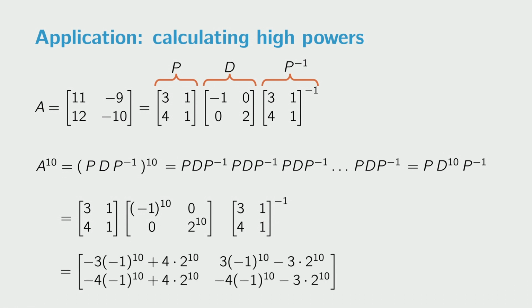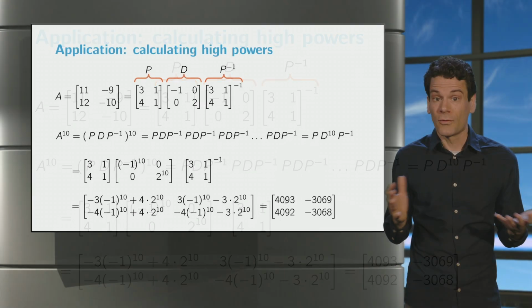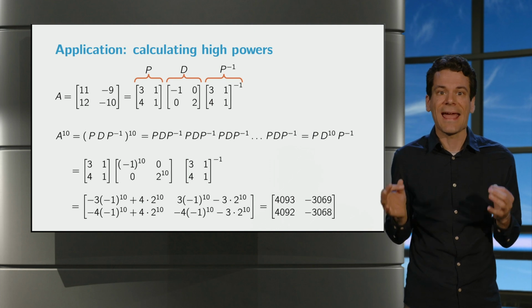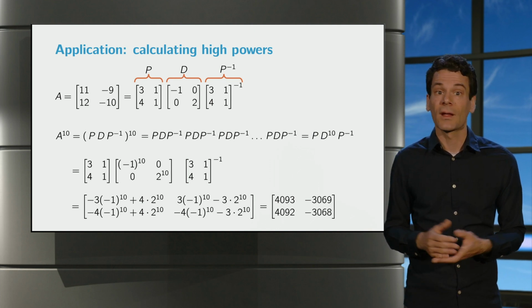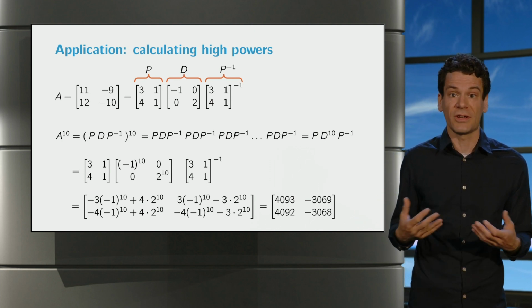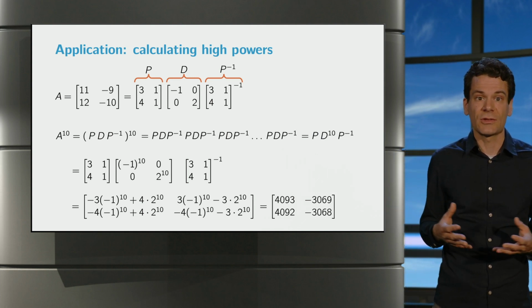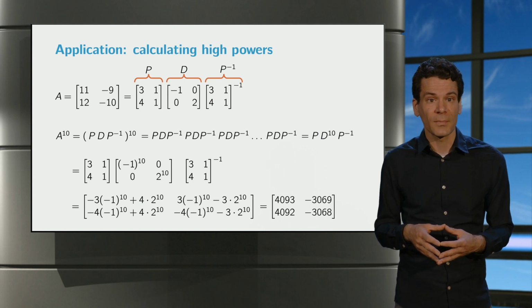The entries may look a bit frightening, but they are just numbers. If you calculate the powers, you find this matrix. Of course, there's nothing special about the 10th power. We can calculate relatively easily any power of A in this way. We could even find a general expression for the nth power. These kind of calculations typically occur in the analysis of discrete dynamical systems.